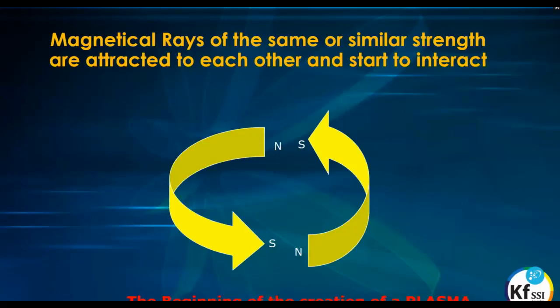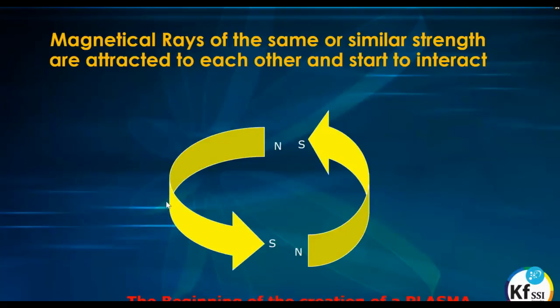As was shown in the video, you have the magnetic rays coming and interacting. So you get rays of similar or very similar strength come and start interacting with each other, and you get the beginning of the creation of a plasma.